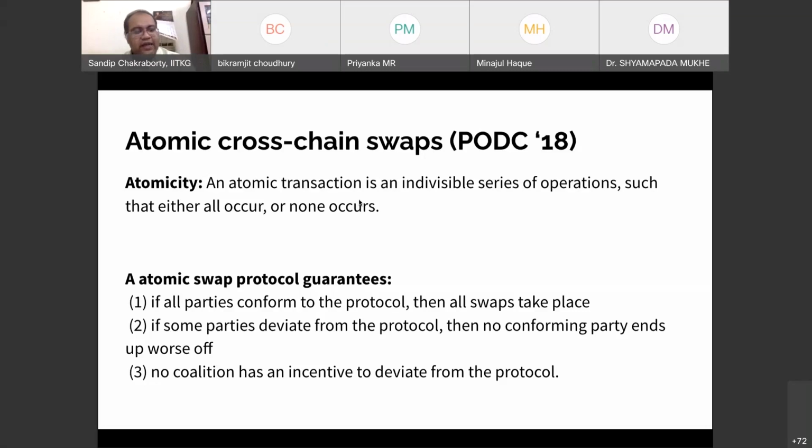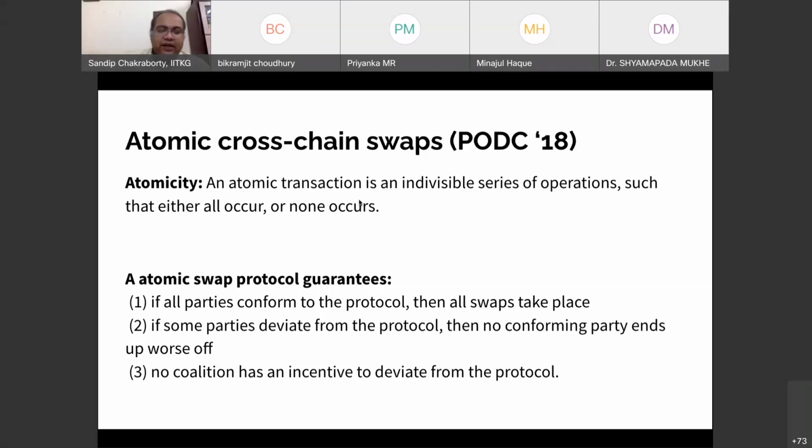Now, an atomic exchange protocol or an atomic swap protocol guarantees that if all parties conform to the protocol, then all swaps take place. If some parties deviate from the protocol, then no conforming party ends up worse off, and no coalition has an incentive to deviate from the protocol. That basically means that if everyone conforms to the protocol, then the swap takes place. That means I am transferring one Bitcoin to the exchanger, and the exchanger is going to return 33 Ether to me.